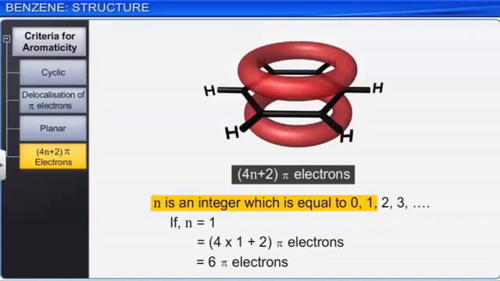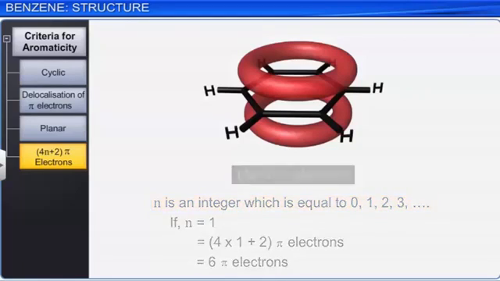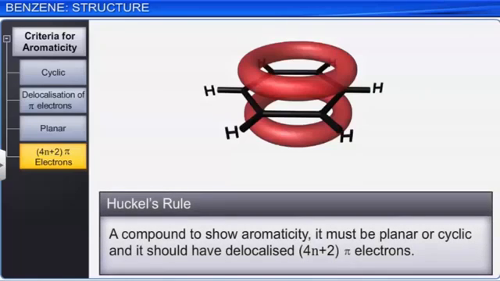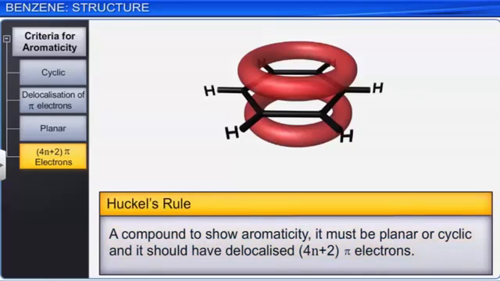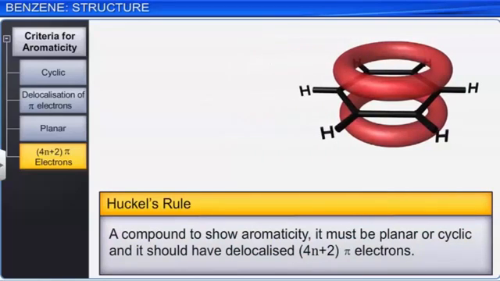This means, for a compound to show aromaticity, it must be planar or cyclic, and it should have delocalized 4n+2 pi electrons. This is known as the Huckel's rule. Thus, according to Huckel's rule, the aromatic compounds should have a delocalized electron cloud of pi electrons, such as 2, 6, 10, 14 electrons.